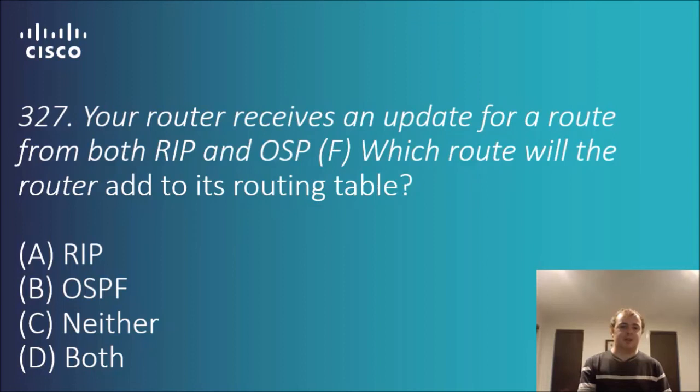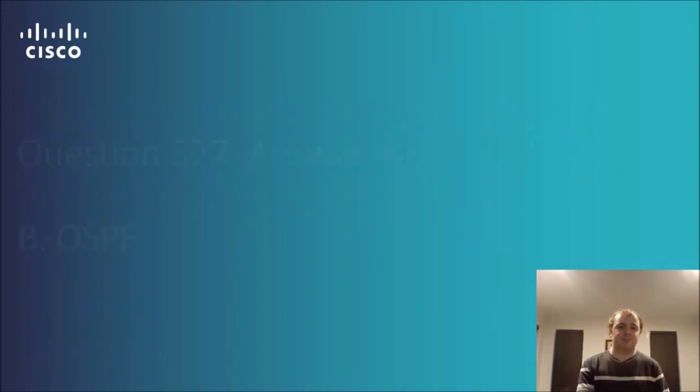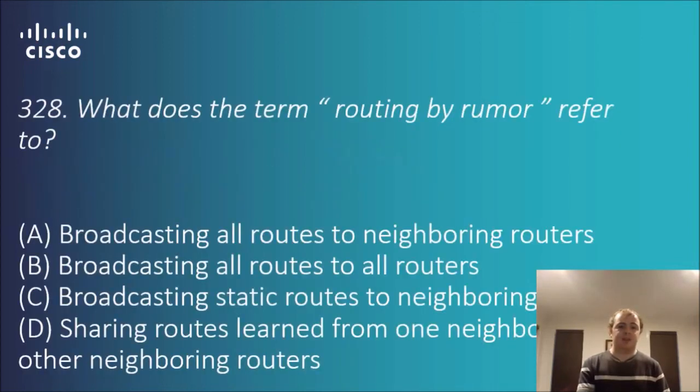It has to pick one, so it can't be both. That leaves RIP and OSPF. The final thing to consider is the administrative distance between the two. One's 110 and one's 120. So the answer is B, OSPF. The administrative distance is a little bit smaller at 110, which means it's more trusted.